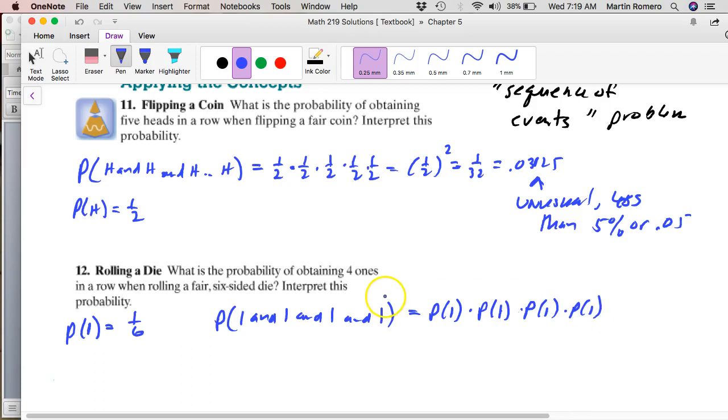When you roll a die, it doesn't remember what happened last time. It doesn't affect the probability, so this should be 1/6 to the power of 4. So that answer would be 0.0008. So again, this is very unusual. Number 12.